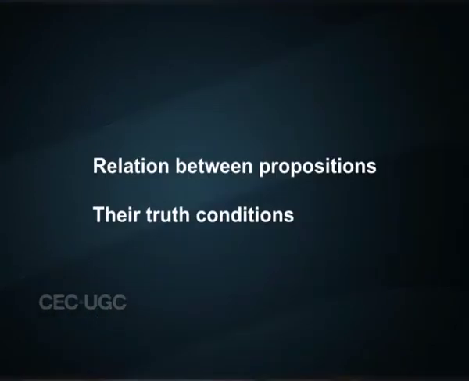The coherence theory differs from its principal competitor, the correspondence theory of truth, in two essential respects: 1. Relation between propositions, and 2. Their truth conditions. According to one, the relation is coherence. According to the other, it is correspondence.